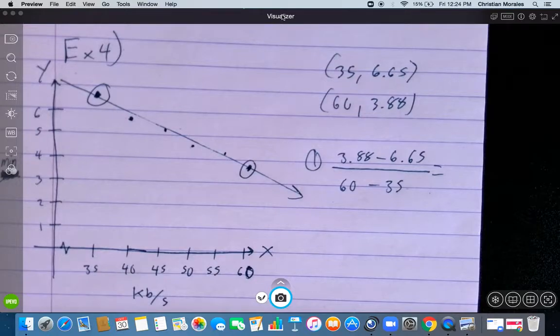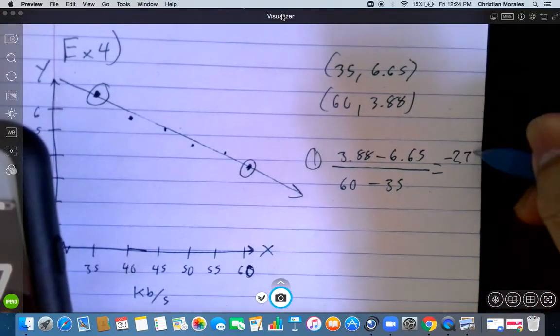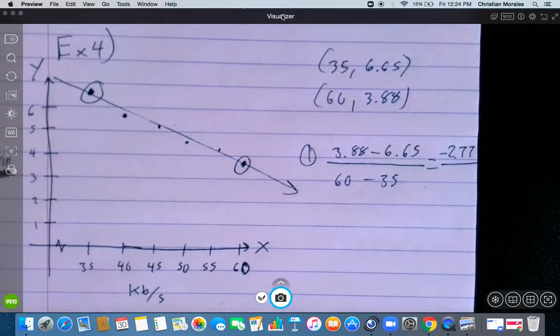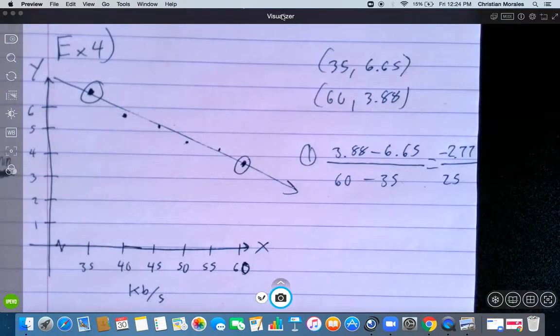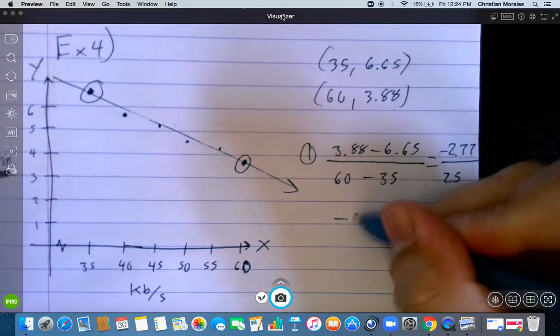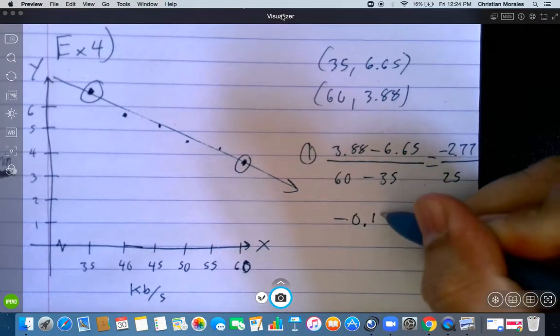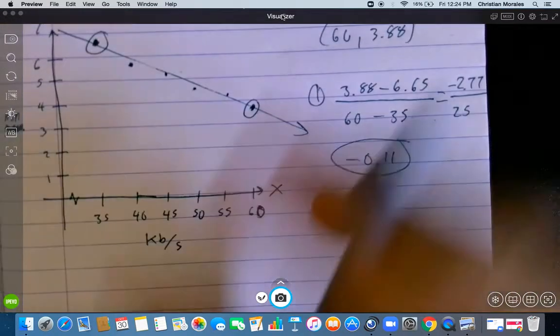I would assume you're using Desmos, but you would use 3.88 minus 6.65, and I get negative 2.77. And then I would take 60 minus 35, and I would get 25. And then I would divide these numbers, and I would get negative 0.11. There's my slope.